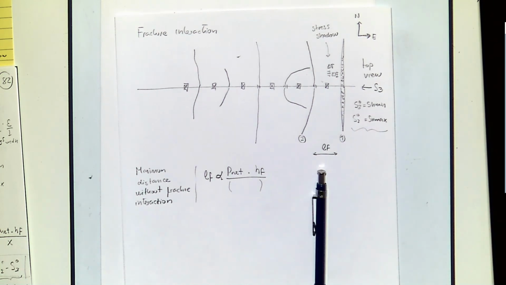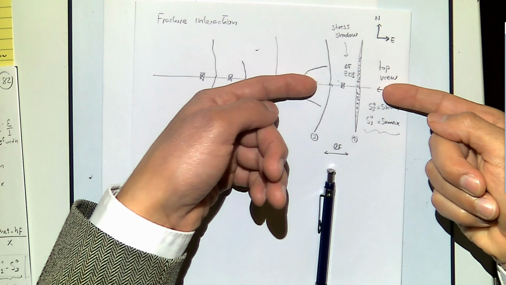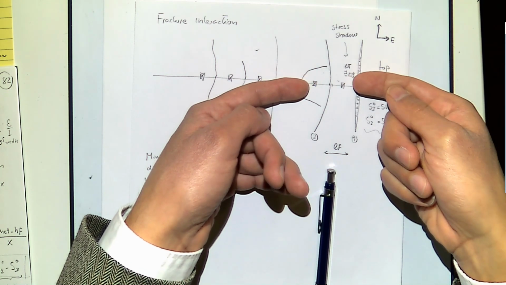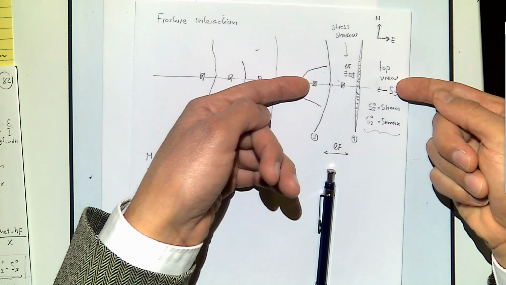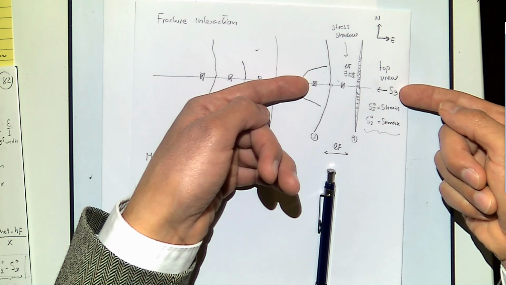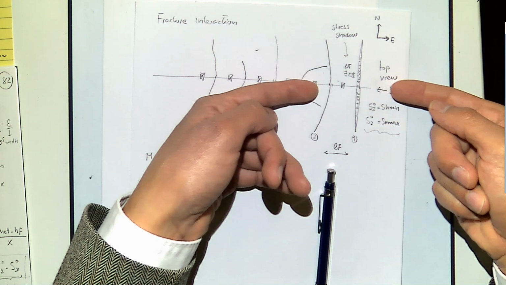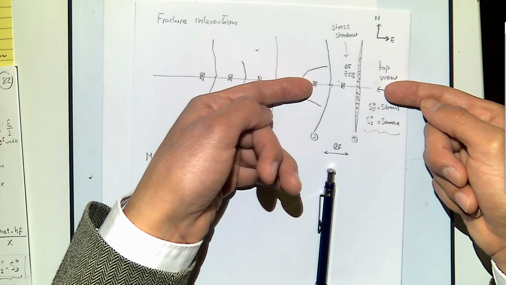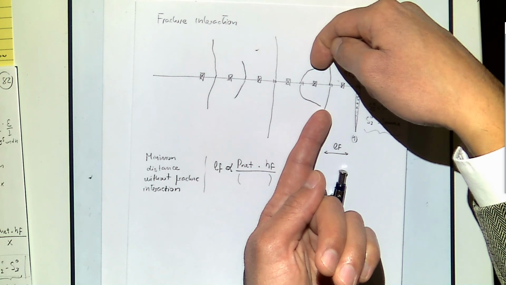We're looking for a distance so that the increase of stress that we apply does not make the minimum stress change direction. We know in this case the minimum stress is this one. But if you apply too much stress due to propping a fracture, S3 might become, in this case, the stress in the east-west direction, which now is a minimum, might get larger than the stress in the north-south direction.